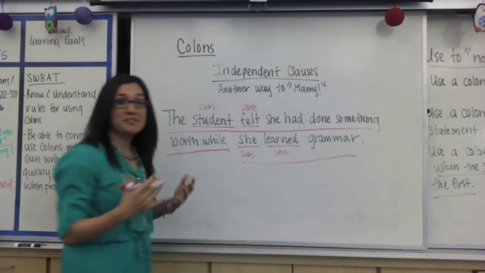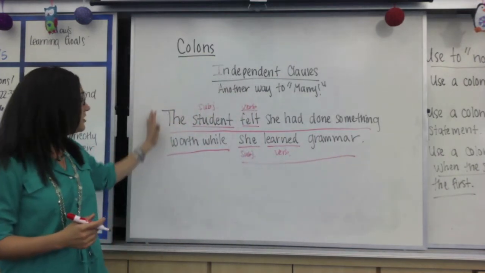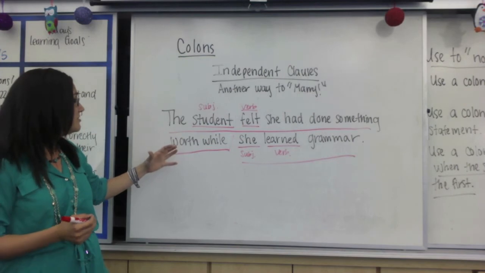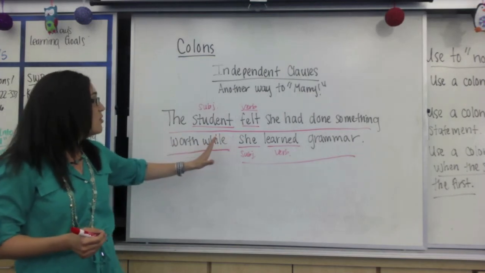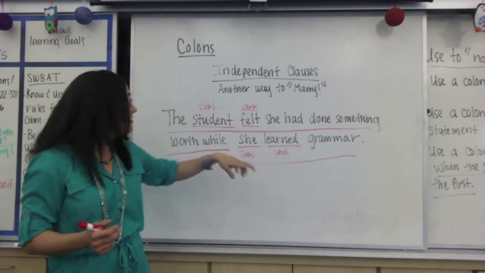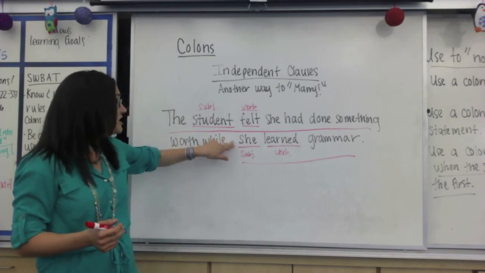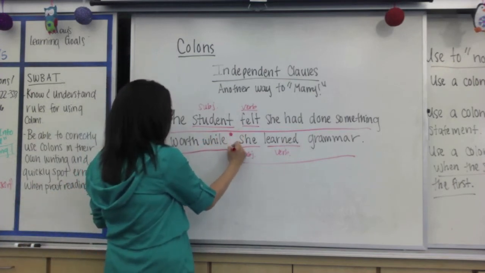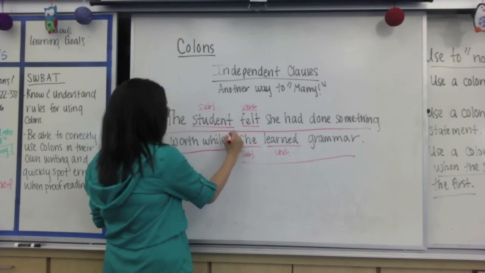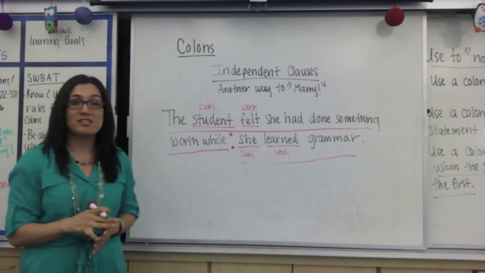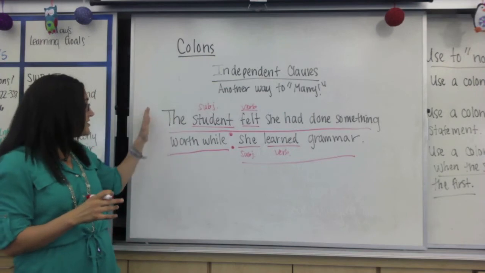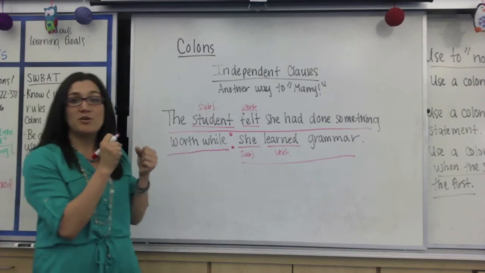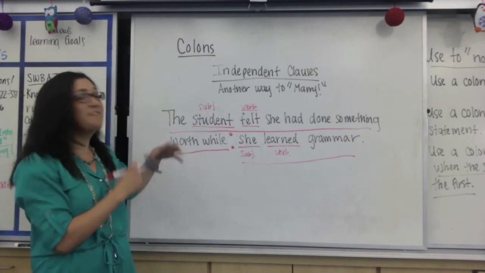Okay, so this fits our rule. So our first clause, the student felt she had done something worthwhile. What was it that she done? So it's an explanation of what she did. She learned grammar. So we can put a colon in there. So that's another way to marry those independent clauses. And again, this kind of has the feel like we're stating what she felt like she did.